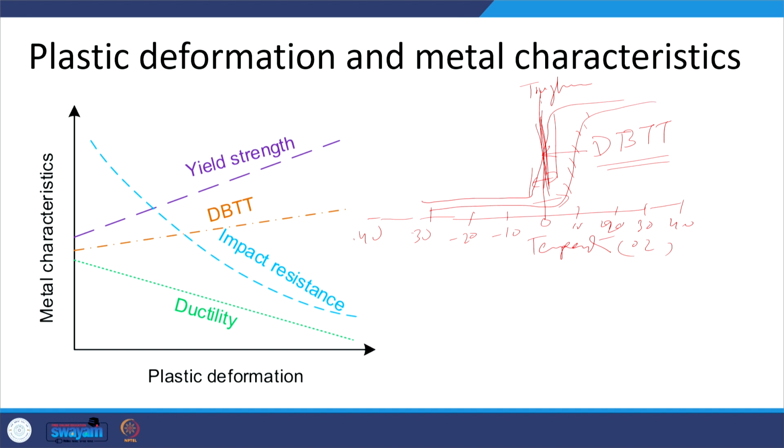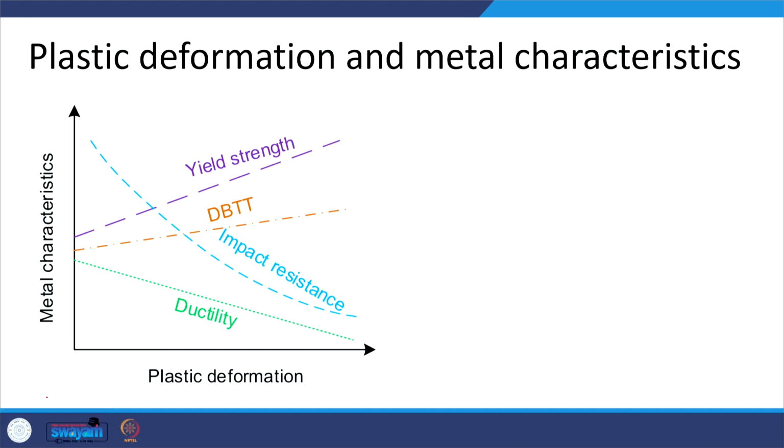So, when a metal is subjected to plastic deformation, these are the kinds of changes which are experienced by the metal. The two properties, especially the yield strength and the ductility in terms of percentage elongation: ductility is reduced, and yield strength is increased.